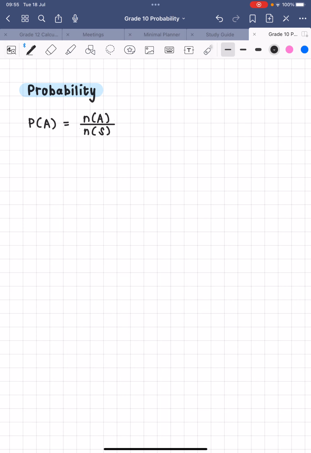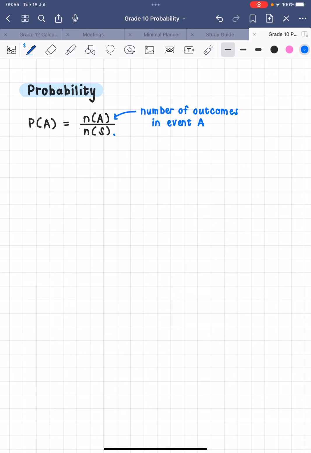Okay, so what this means, guys, is the probability of A, the event, so whatever they're asking you about, is the number of outcomes in event A. We'll do an example now so that you can see exactly what that means.